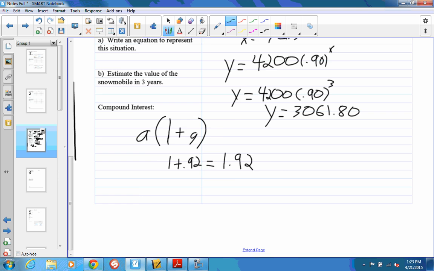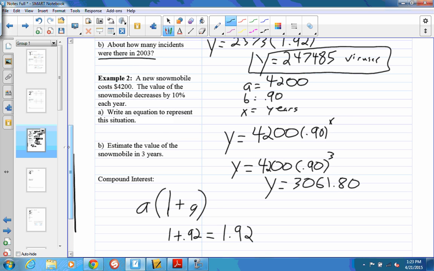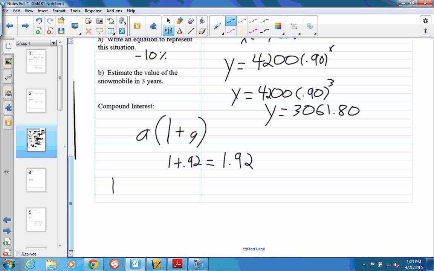If I wanted to do my decay here, my growth rate wasn't positive 10%. We said it's decreasing, so it's negative 10%. So 1 plus G is 1 plus a negative 10%, which is 0.9. So you can always think of it as 1 plus, and then figure out if you're adding or subtracting.